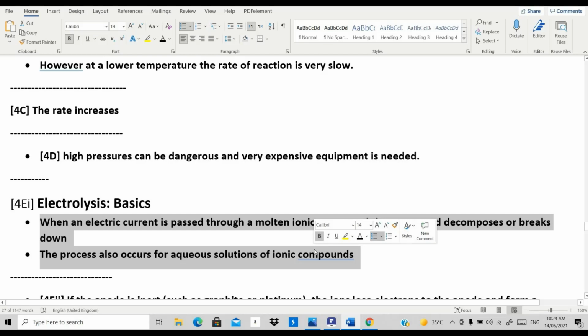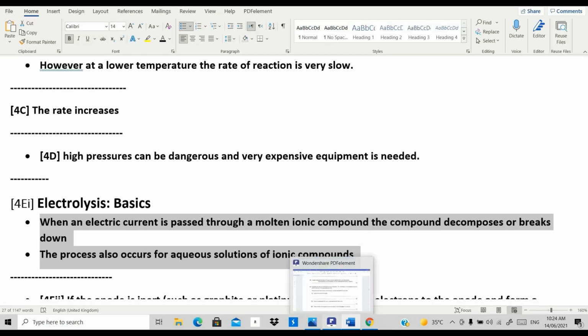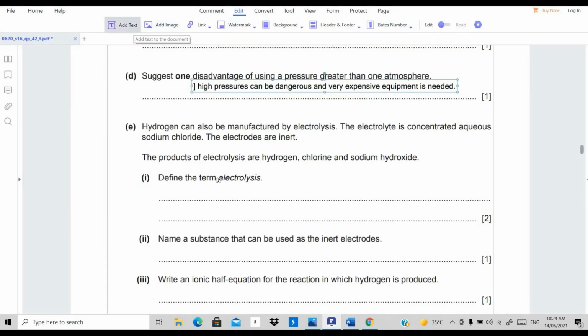It's not a proper definition, but every time I tell you to be creative with words. In IGCSE, you need to be very creative with words. So how we'll write the answer depends on your creativity. So I'll just show you how I will write the answer.